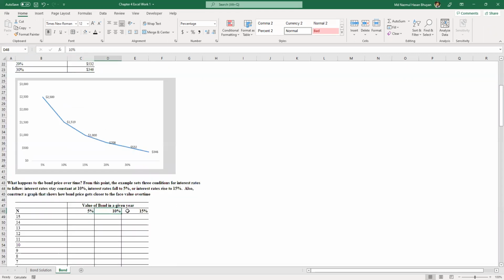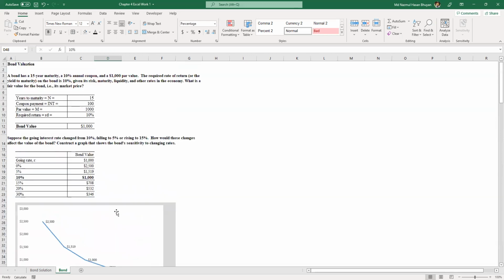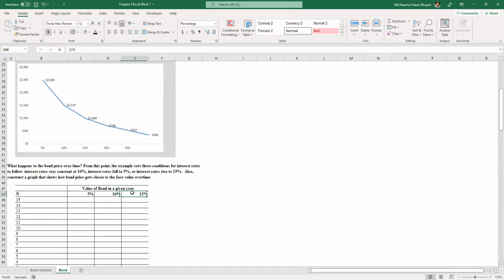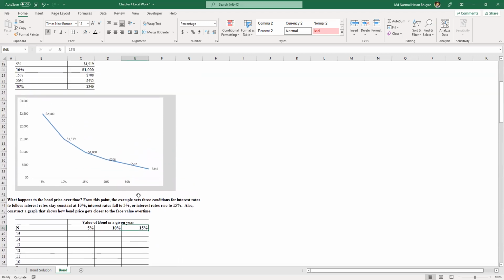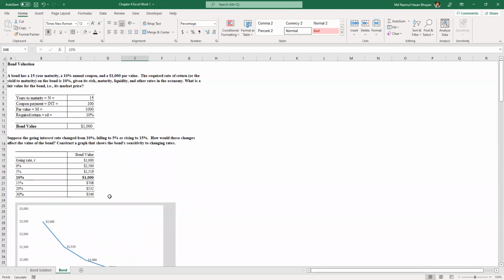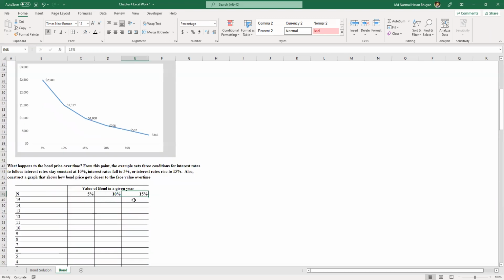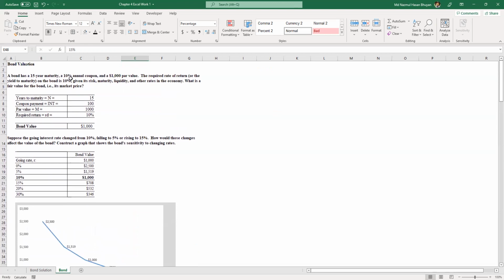Whenever market interest rate is 10%, then the market interest rate is equal to the coupon rate of the bond. And whenever market interest rate is 15%, then market interest rate is greater than the coupon rate of the bond.